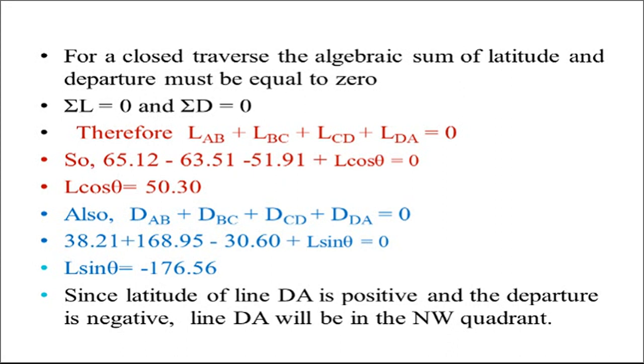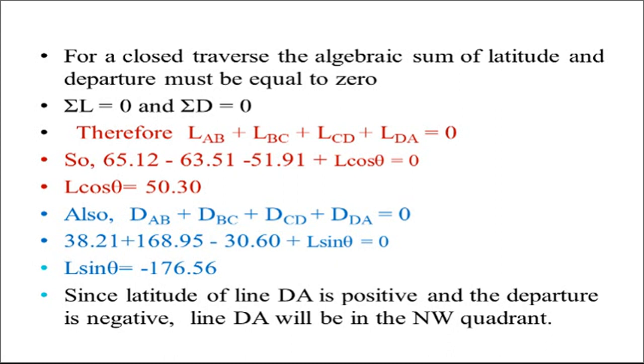Similarly, we will get L cos theta is equal to 50.30. Also, summation of departures is equal to 0. Therefore, departure of AB plus departure of BC plus departure of CD plus departure of DA is equal to 0.